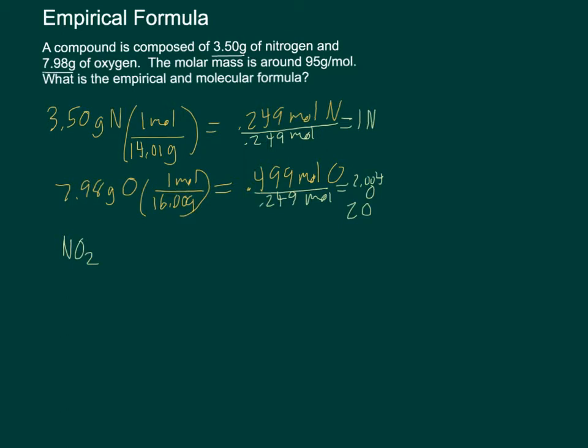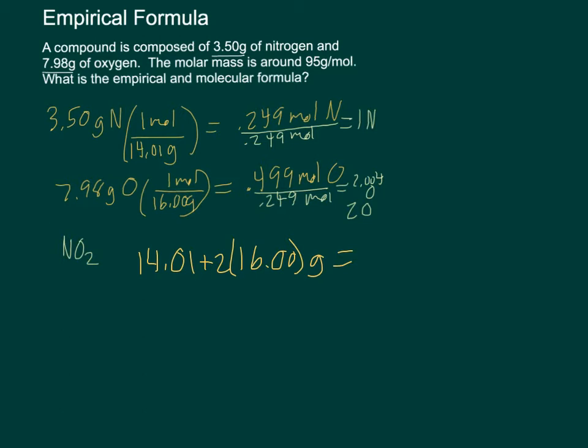Okay, so since we have NO2, we need to know whether this is the actual answer or not. What we're going to do is take the NO2 and calculate the molar mass of that. So in this case, it would be 14.01 plus 2 times 16.